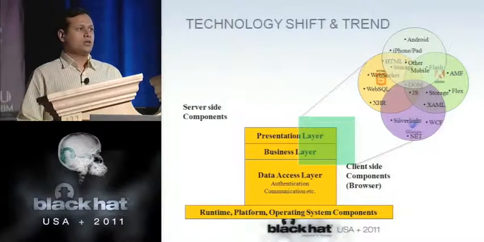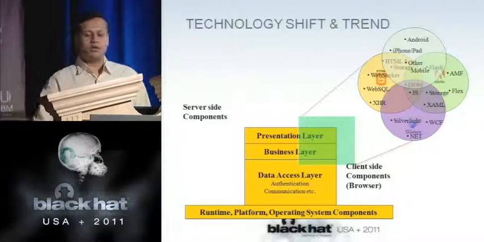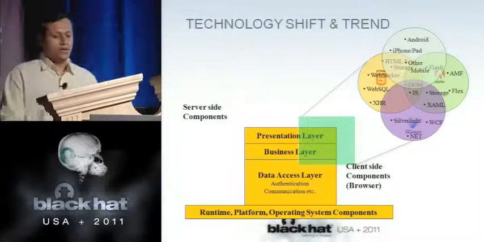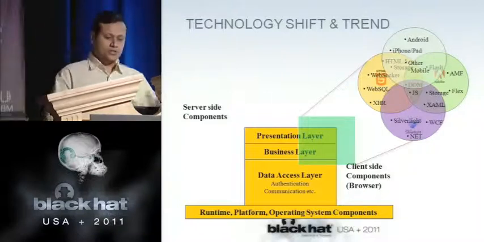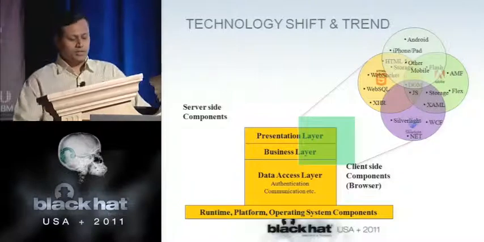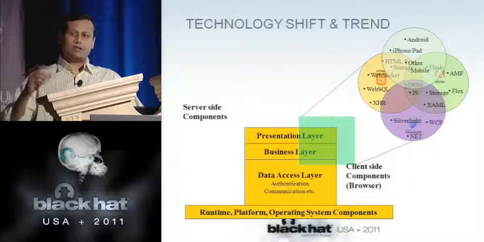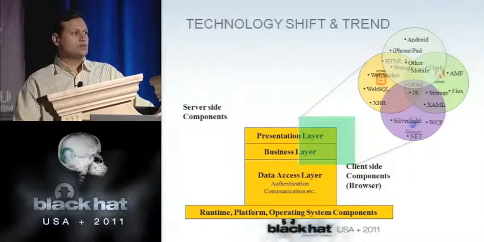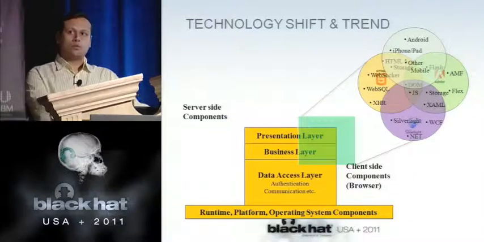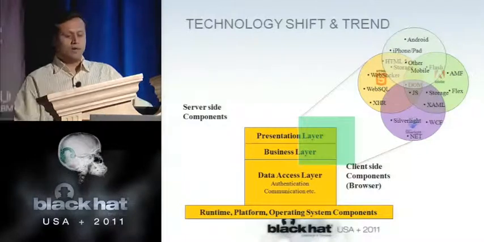It's pretty much not just residing on a server. There are certain components which are actually coming out and running on the browser. So what we have is this little green area, which you are looking at, is a part of the presentation layer, business logic layer, as well as some kind of data access layer, not running on your server, but running from your browser.